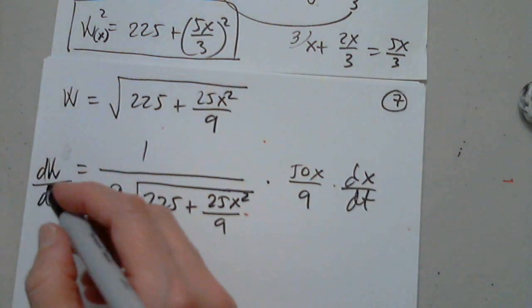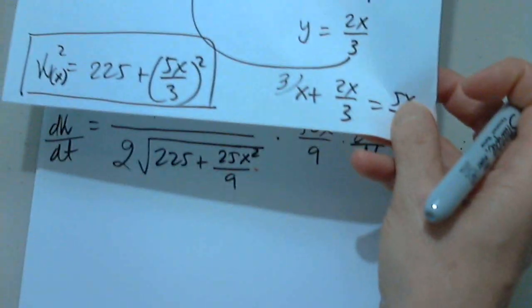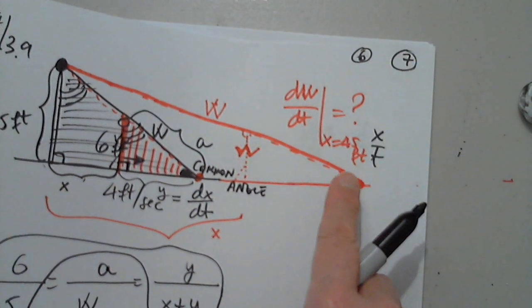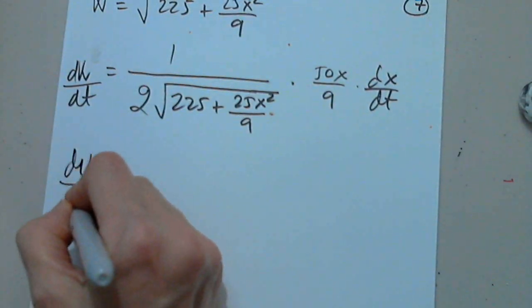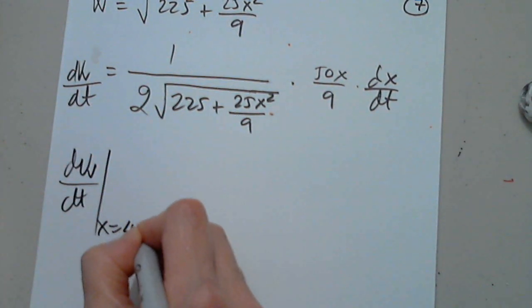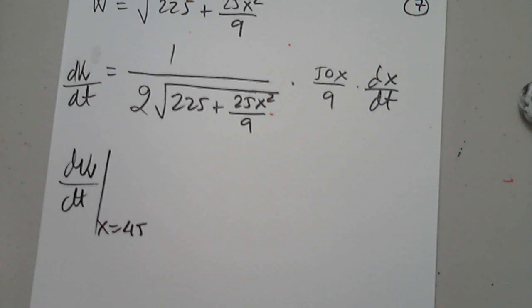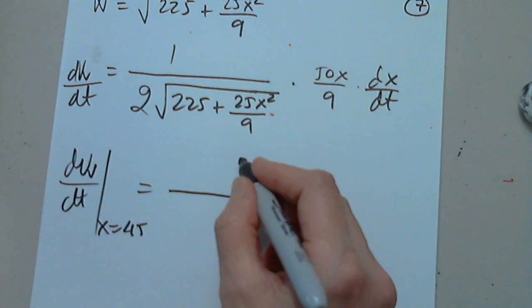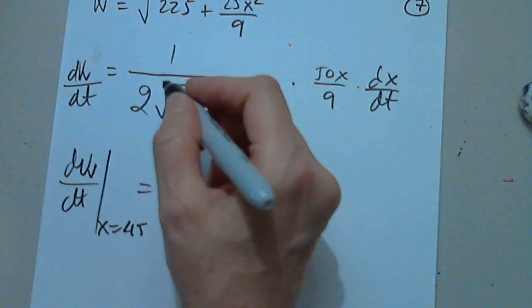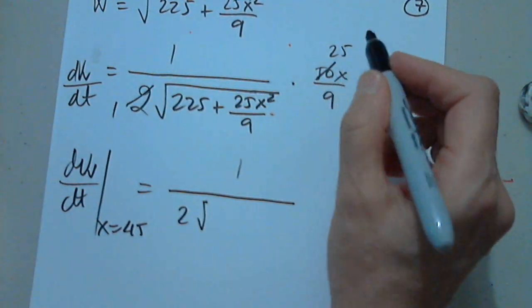Done. So now all I want to determine is dw over dt when I have x equals 45. It was 45 feet, right? Let's just make sure. It doesn't matter. Yeah, 45. Okay, perfect. So then we have 1 over 2. I could simplify, and I want to.